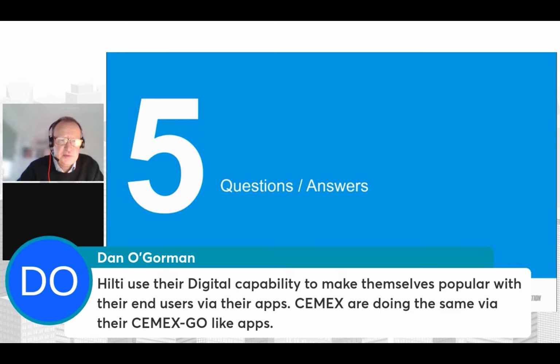And I think the last comment, Dan, picking up on the conversation about Hilti, he says Hilti use their digital capability to make themselves popular with their end users via their apps. Cemex are doing the same via their Cemex Go like apps. Thank you for the insight. Yeah, sounds like some manufacturers are ahead of the market, shall we say, in terms of how they can promote people to use their products.